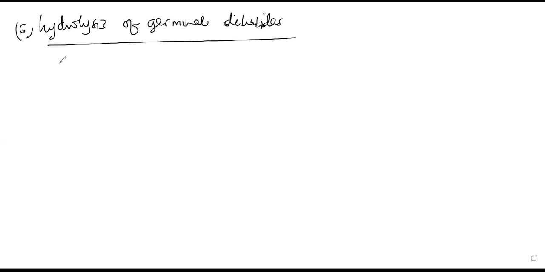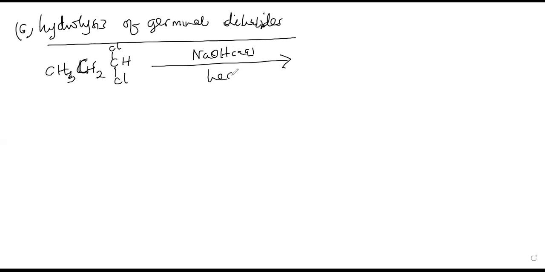For example, if my geminal dihalide is CH3CH2CCl2H, and I treat it with aqueous sodium hydroxide and heat, I form CH3CH2CHO.